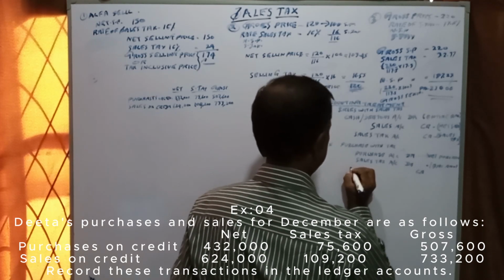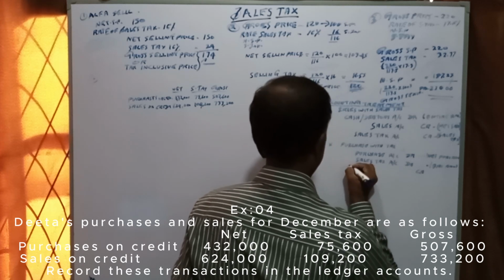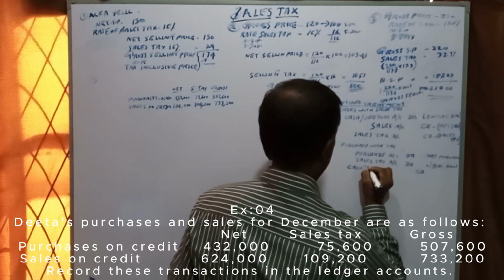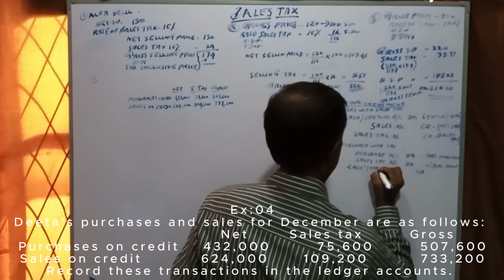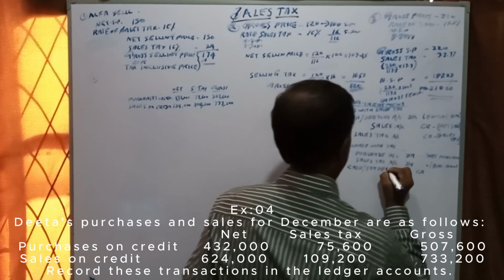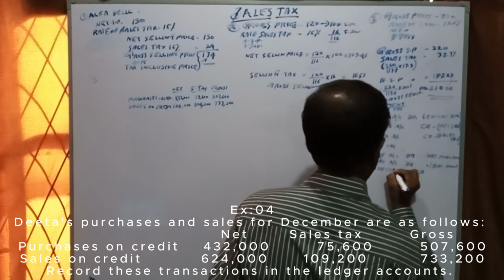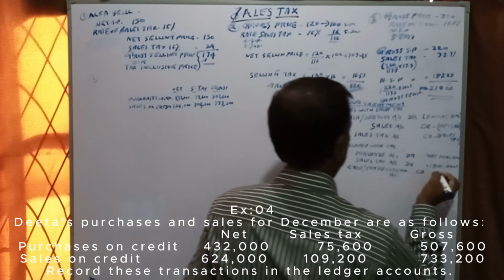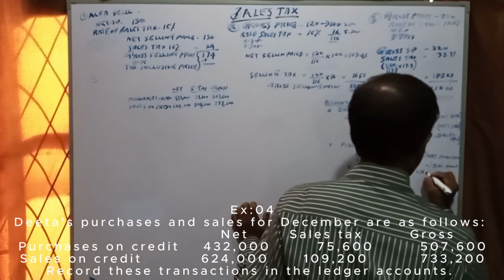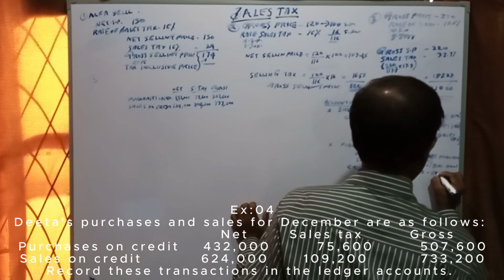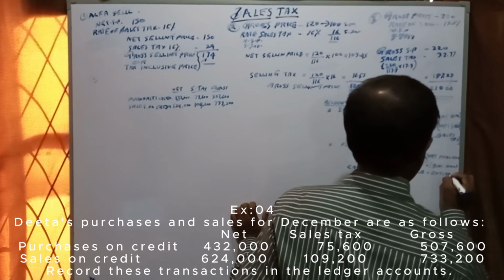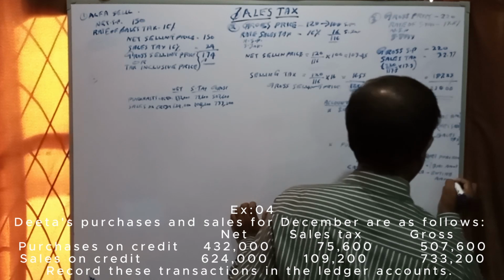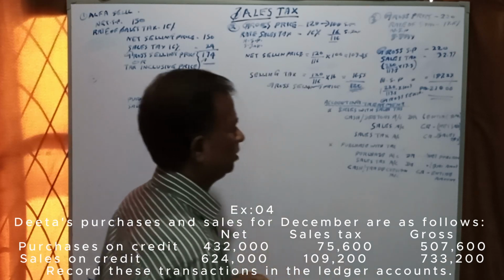Cash or trade creditors is credited with the entire amount, or whole amount, or full amount.